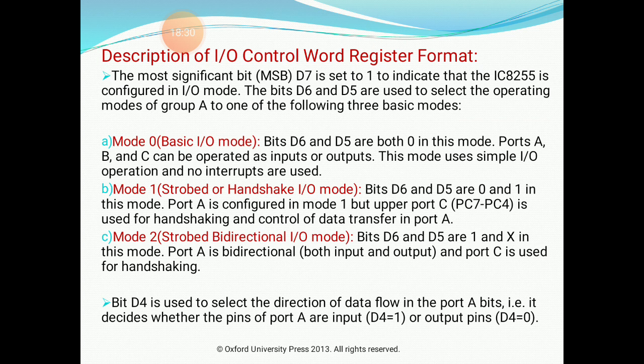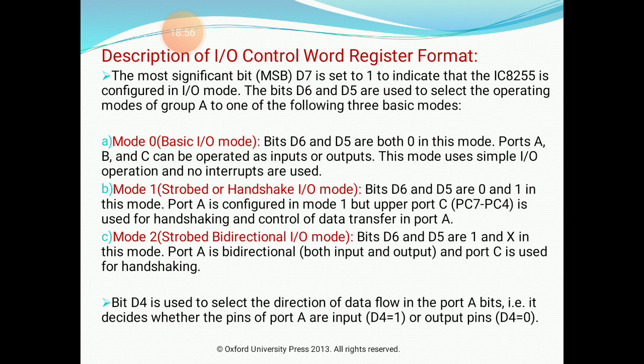Now consider the IO control word format. In that format, D7 bit always 1 indicates that the 8255 is used as IO mode. The bits D6 and D5 are used to select the operating mode of group A: mode 0, mode 1, or mode 2. Mode 0 is also called basic IO mode.